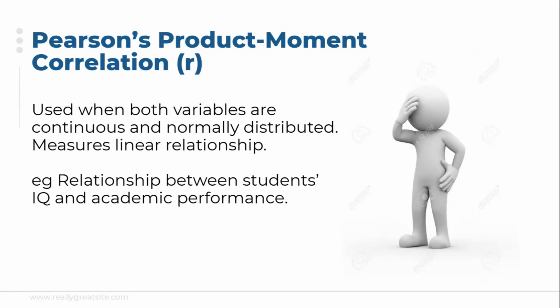Pearson's correlation, which other people call the Pearson's product moment correlation, is used when both the variables are continuous and normally distributed. And it helps us to measure the linear relationship between our variables. You can measure something like students' IQ and academic performance. Both of these are represented by continuous variables, and you can easily measure that.